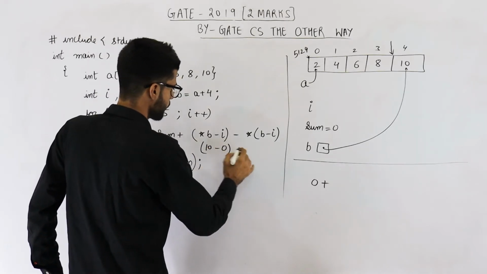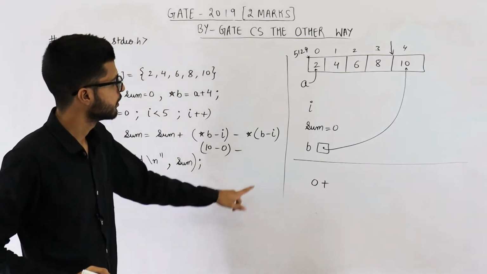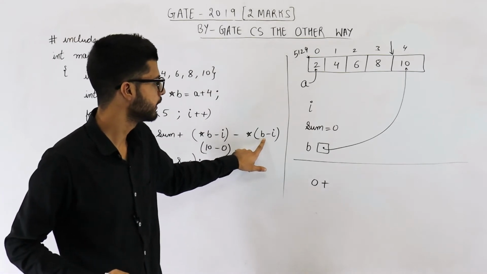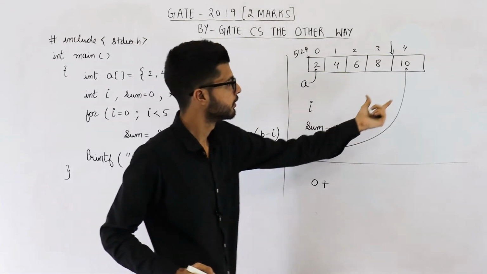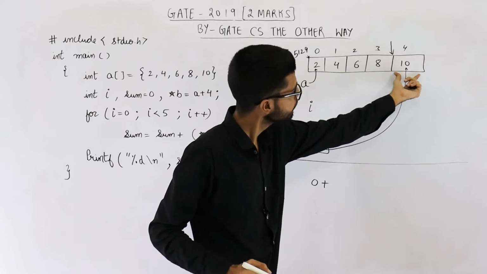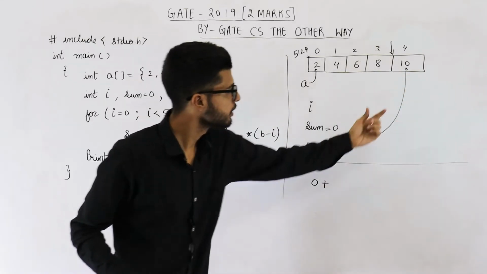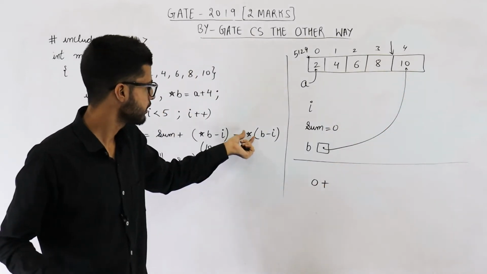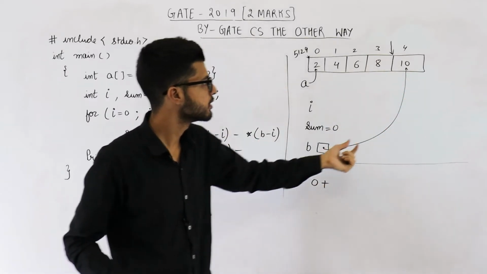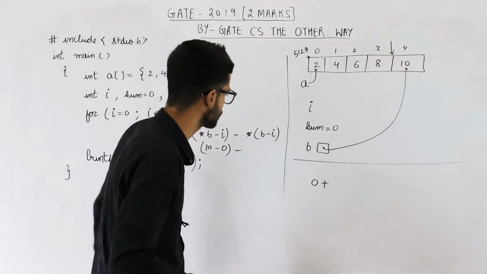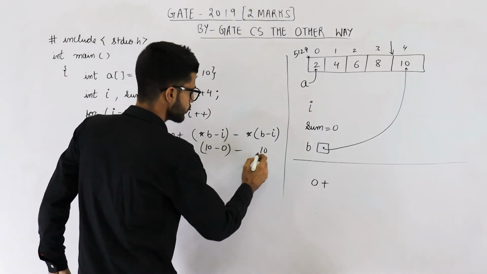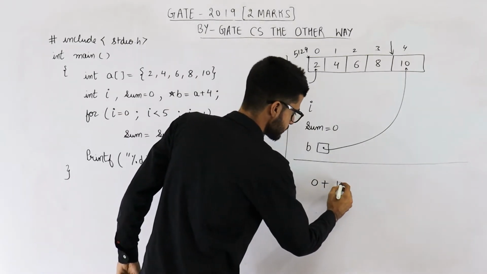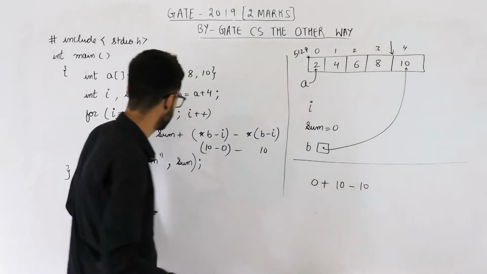Minus star of b minus I. b is this address which points here. b minus I means this address minus 0. So it will be this address only. And writing a star here means just take this value. So this value is also 10. So this is 0 plus 10 minus 10.